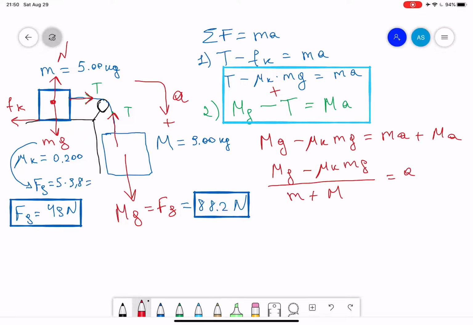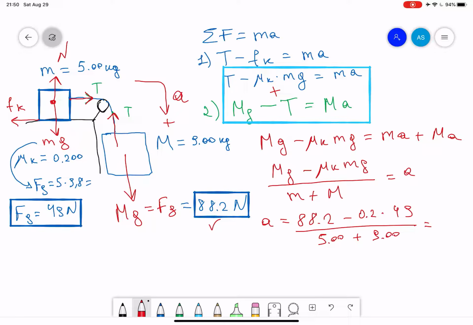Now let's substitute the numbers. Our acceleration is equal to capital Mg, which is 88.2, minus the coefficient of kinetic friction, 0.2, multiplied by small mg, which is 49, then divided by the small mass of 5 kilograms plus the big mass of 9 kilograms.